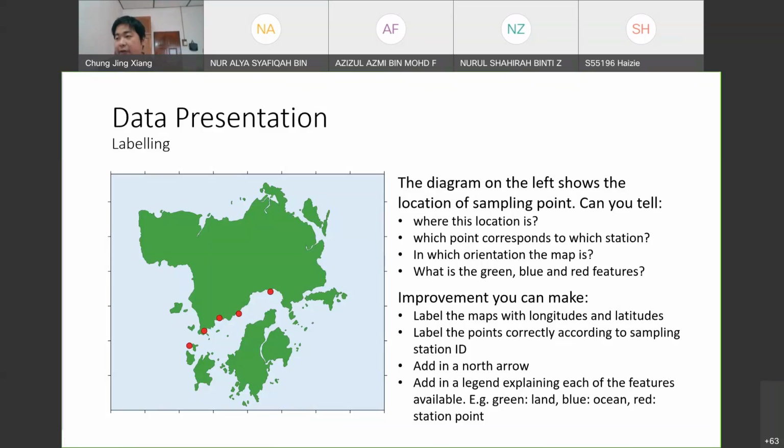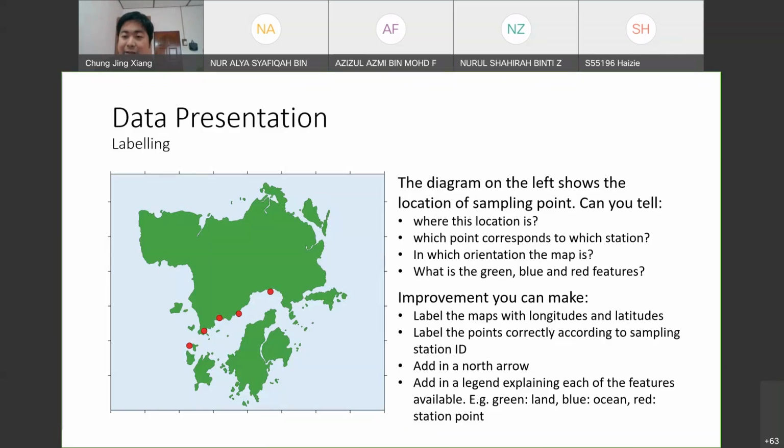So for here, probably it's okay to include a north arrow because if I just present you with this map, you don't know the orientation, because people are not familiar with the shape of Langkawi Island. And of course, lastly, we can include a legend explaining what is green.